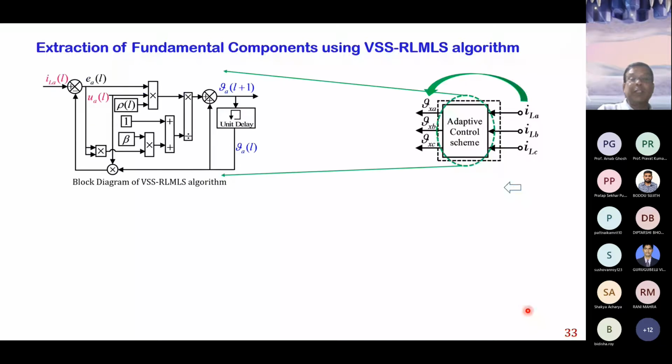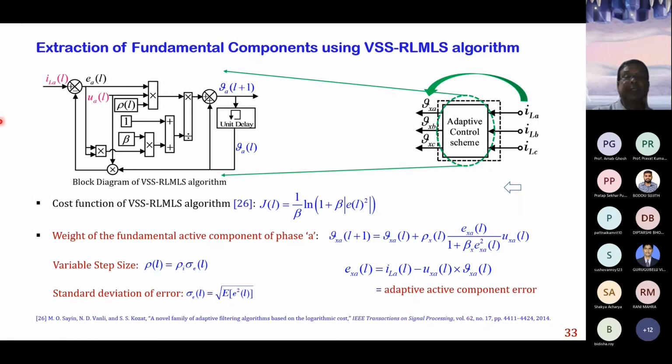The only change I am discussing here is the variable step size robust algorithm. So what we do here is that we use the cost function. This cost function is 1 by beta log of 1 plus beta times the error square, where the weight of the fundamental active component, that is XAA, is updated using this adaptive filtering algorithm.